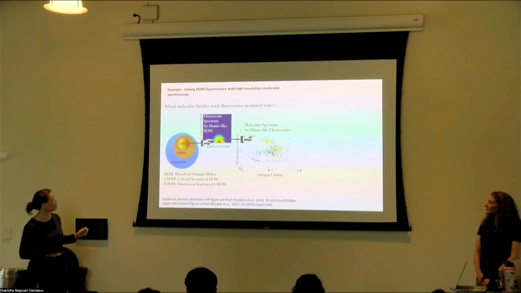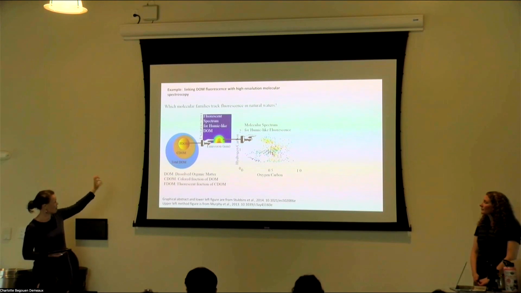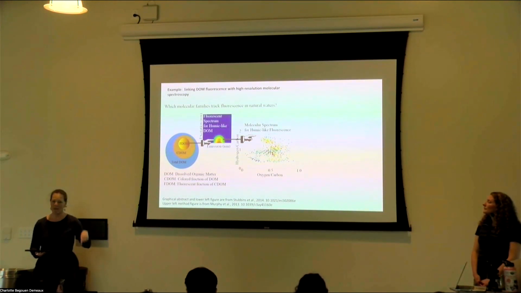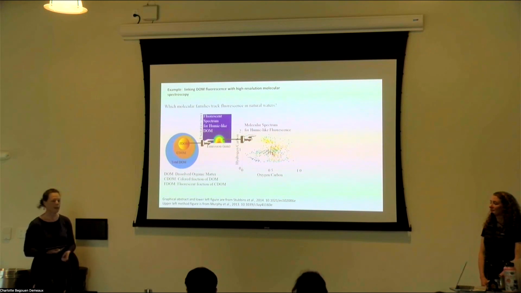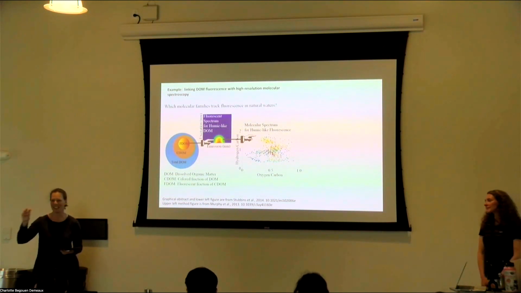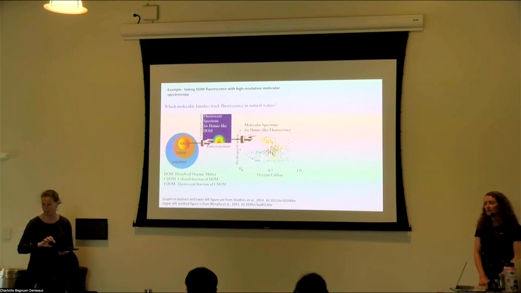So they took water samples and measured the excitation emission fluorescence spectra of their samples, just looking at the fluorescent part. We talked about single wavelength excitation and single wavelength emission for CDOM and for chlorophyll so far.